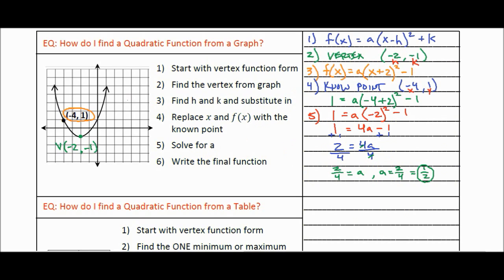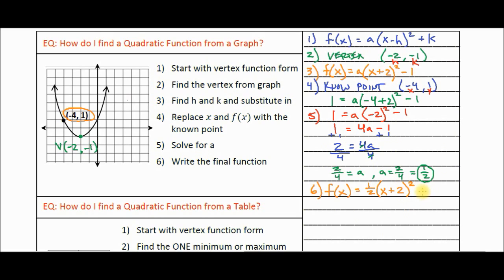Step 6, our final step is, let's go ahead and write that in orange. Step number 6, let's write our final function. We're going to go back to step number 1 now and just write f of x is equal to a, which is 1 over 2. We found that out. X is going to be our variable again. We know that we're going to put plus 2 here because that was found as our vertex. -2 was our x value of our vertex.